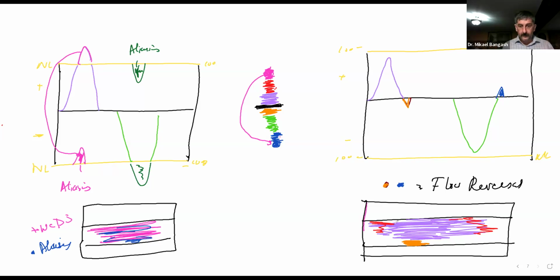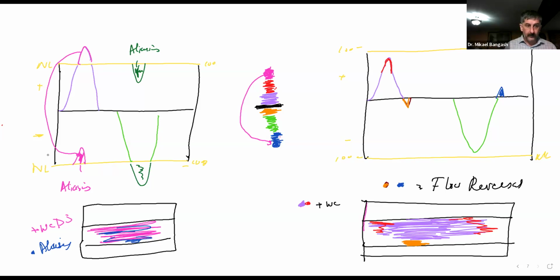Now the red and the purple, they were both colors of positive Doppler shift, right? Clear. Sorry, the purple and red, both were colors of positive Doppler shift.